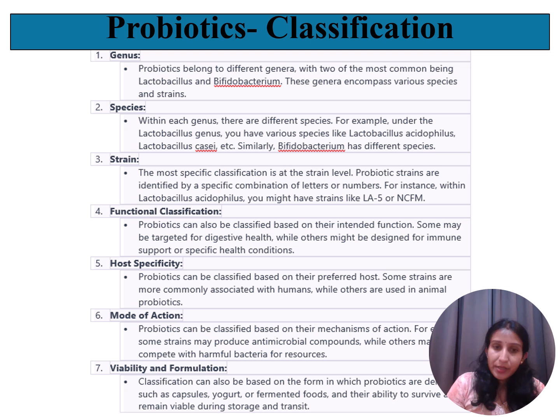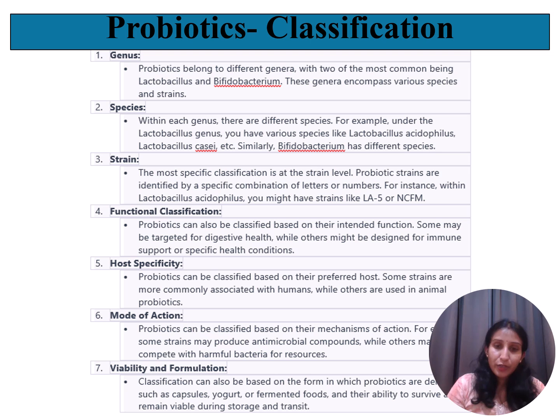Probiotics can be classified based on the preferred host, meaning some strains are commonly associated with humans while others are used in animal probiotics. So this includes human probiotics, used for human application, animal probiotics, used for animals other than humans, and aquatic probiotics, used for aquatic applications.